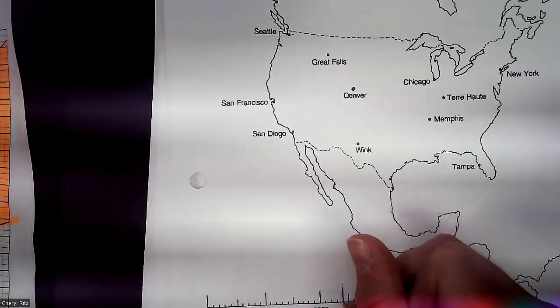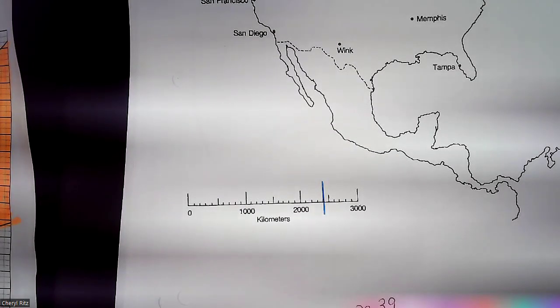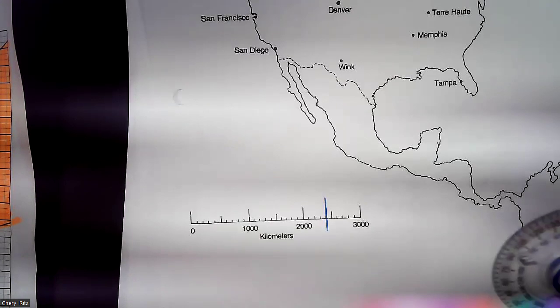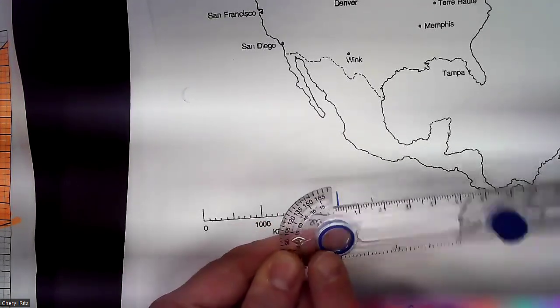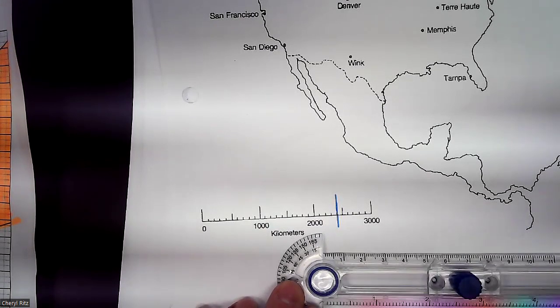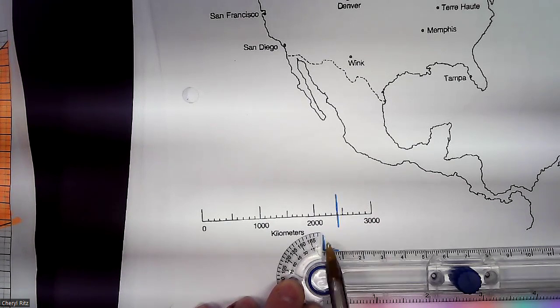What I do is I go ahead and mark 2,400 just so I can see it and I don't have to think. You guys know I don't like thinking twice. If I think once here, then I don't have to think about it again. Now the bullseye is the important part. Directly above the bullseye is this 90-degree angle in your compass.